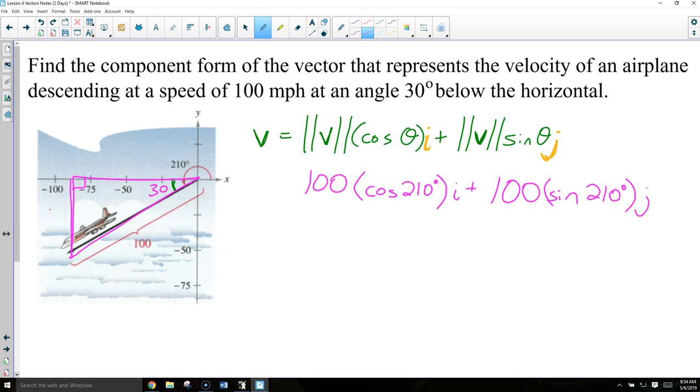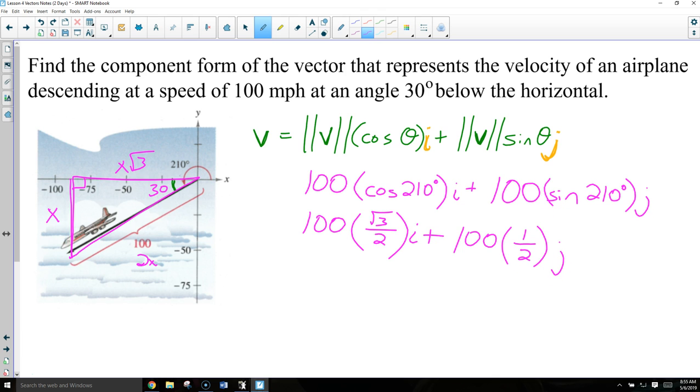So this is x, 2x, and x times the square root of 3. So we would take 100 times the cosine of this angle, which would be square root of 3 over 2, plus 100 times the sine of 210, which is going to be 1/2.